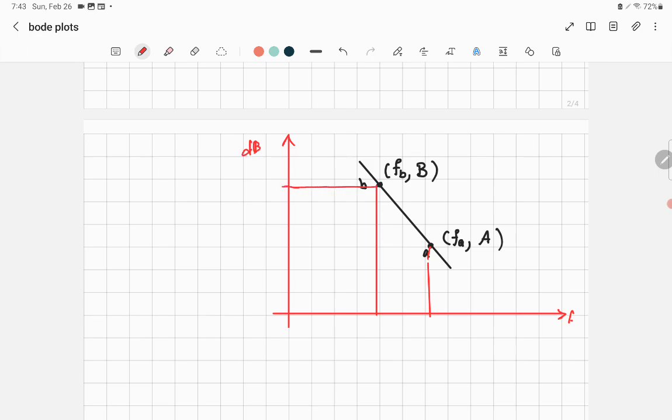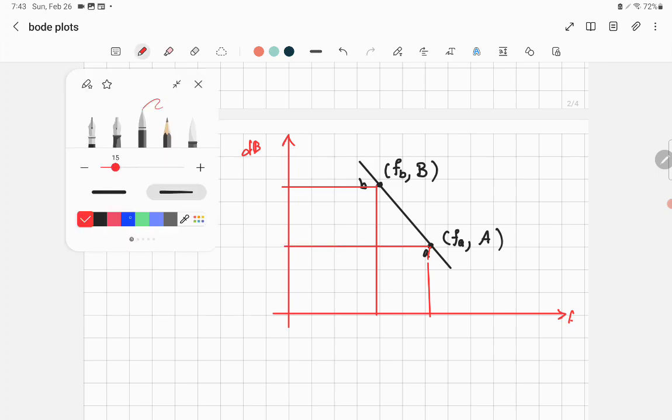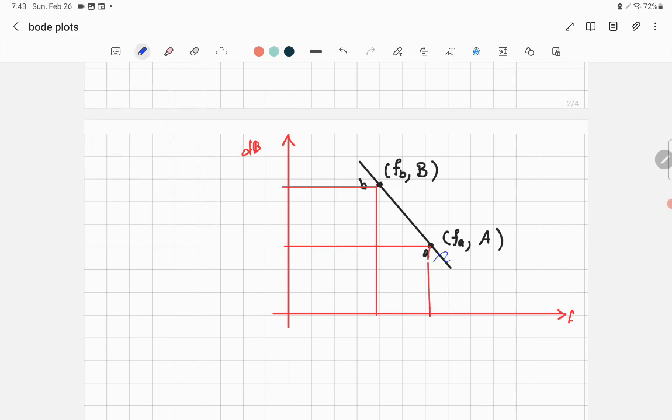So if you want to know the value, just go ahead and write it. You have the frequency here, FA, on the logarithmic scale, and this one is the decibel scale, where you have A decibel, and this one B decibel. All right, and this is FB.